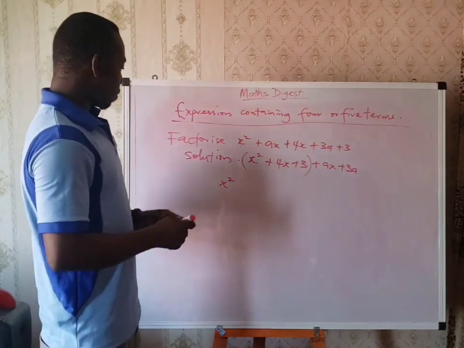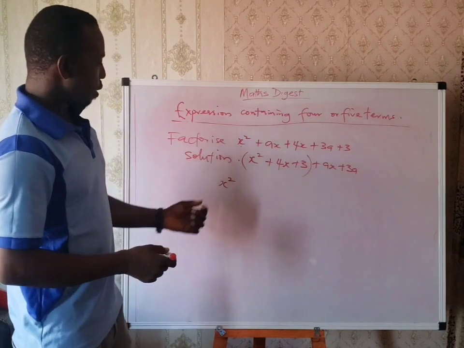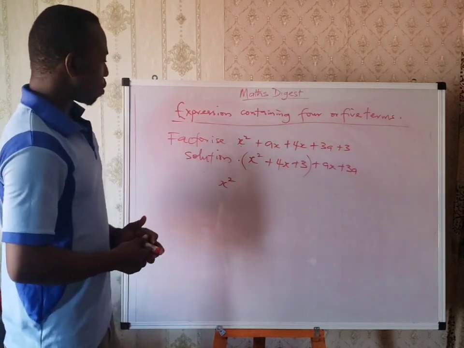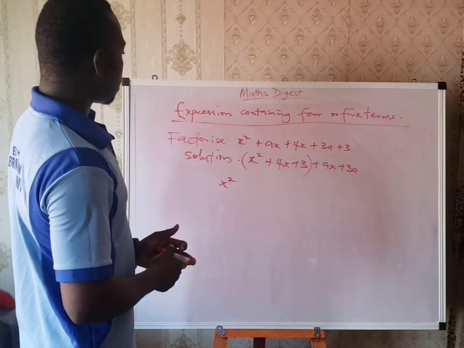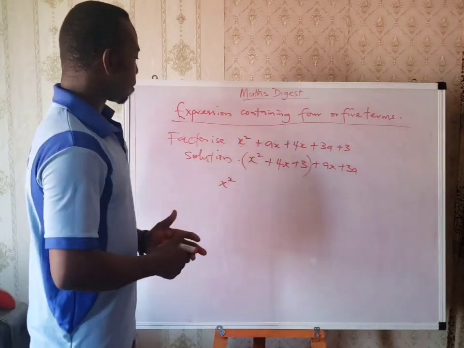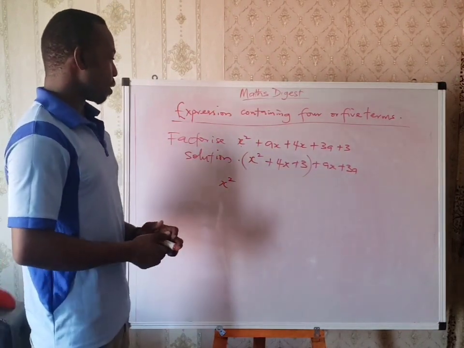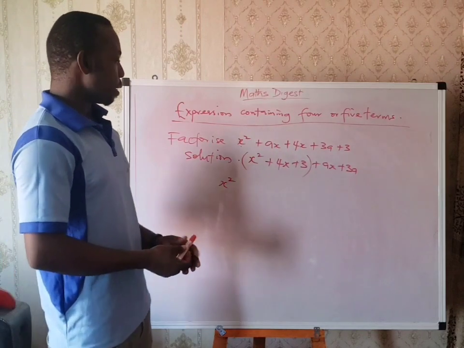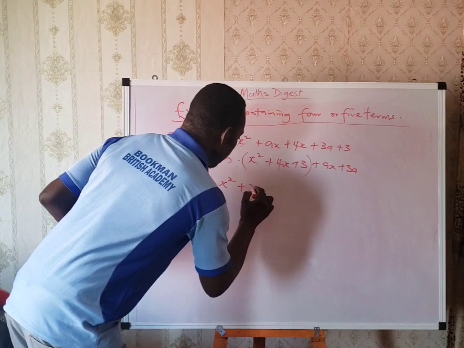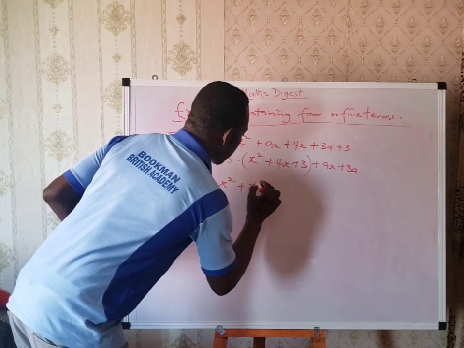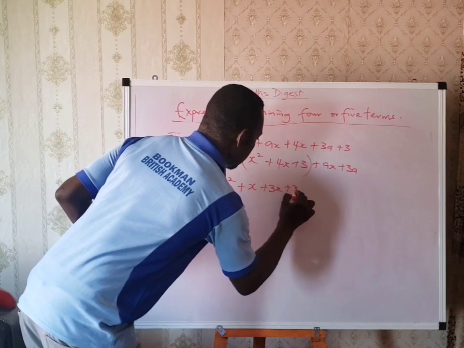Now, if you think of 3x squared and 4x, you may consider 3x and x, and remember this is positive, so we can say plus x squared, sorry, plus x plus 3x plus 3.